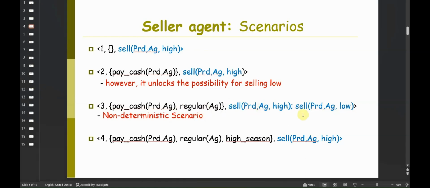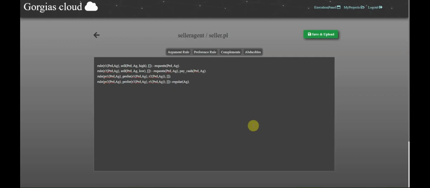To extend this, I have the context of high season, where I will sell high. Okay, so let's see how we model high season, and this time I will not use non-defeasible. I will try to set it as defeasible knowledge. So now I have another rule. This is a priority over priorities. This is a context rule.